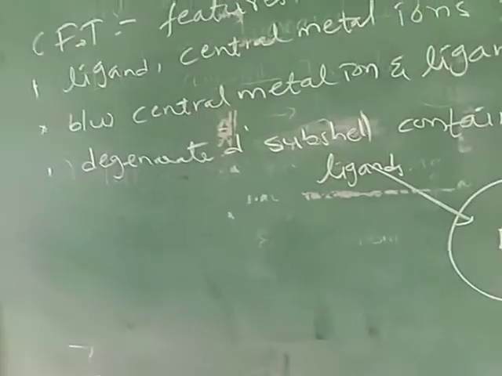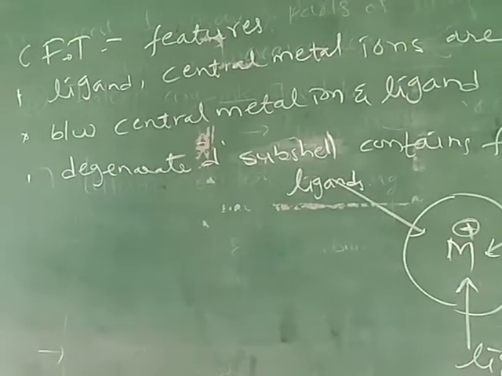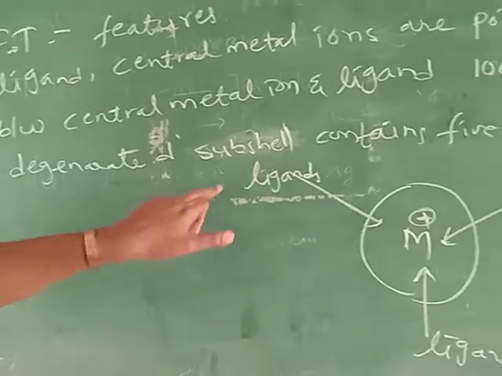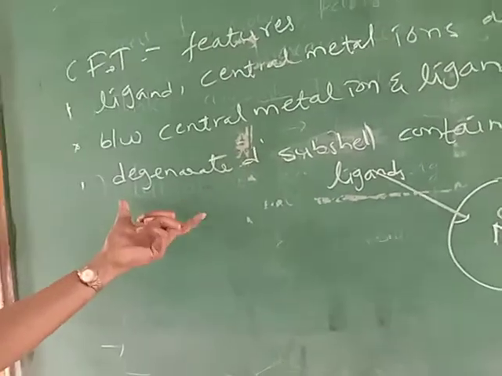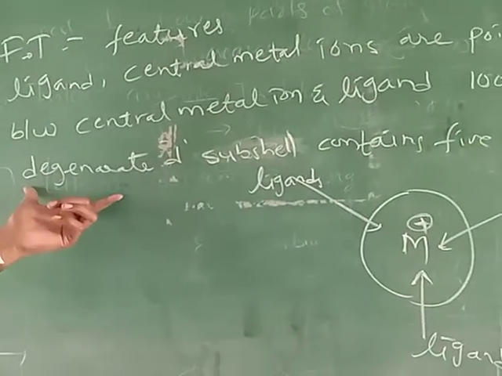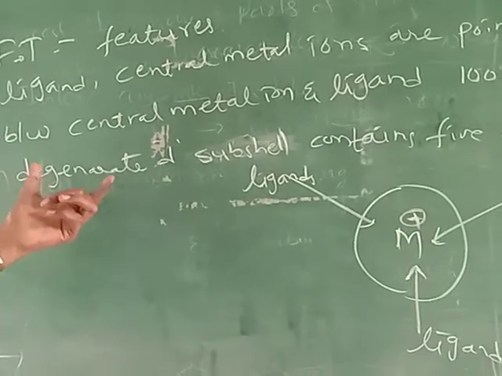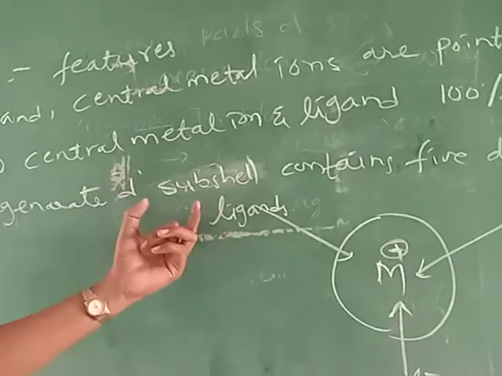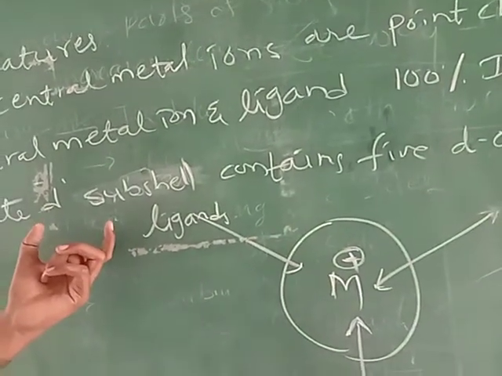Next, the degenerate d subshell contains 5 d orbitals. Degenerate means orbitals which contain equal energy. How many orbitals are present in the d subshell? Total 5 orbitals.